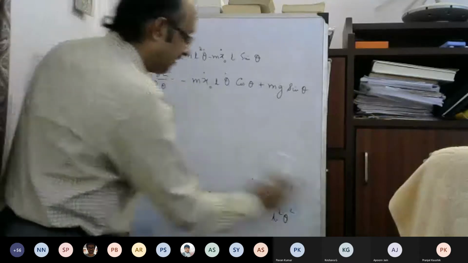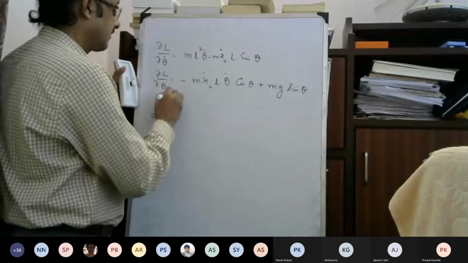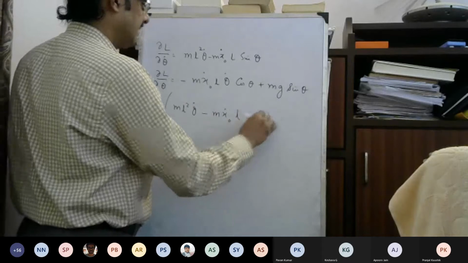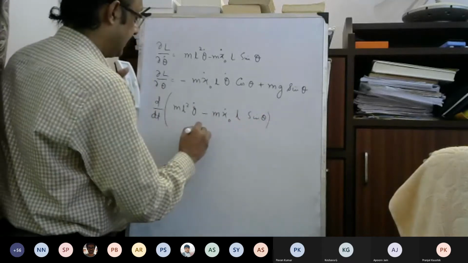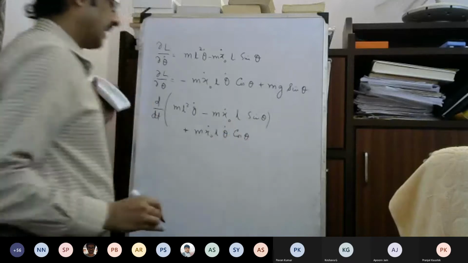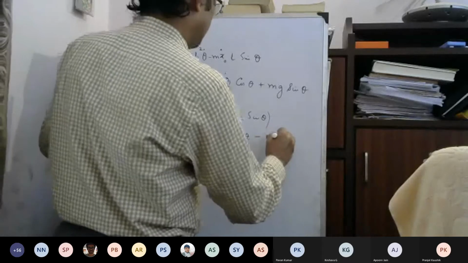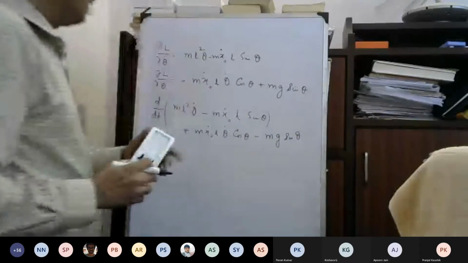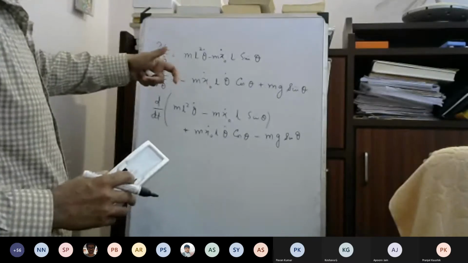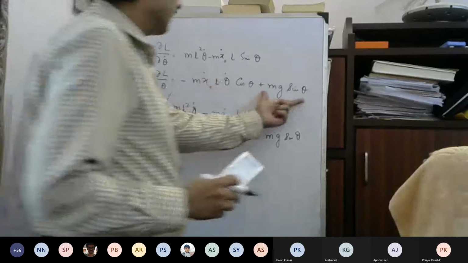Okay. So now the equation of motion will be d dt of this quantity, that is m L squared theta dot minus m x naught dot L sine theta, plus del L del theta, so m x naught dot L theta dot cosine theta, minus m g x sine theta. Let us check the sign of this one.